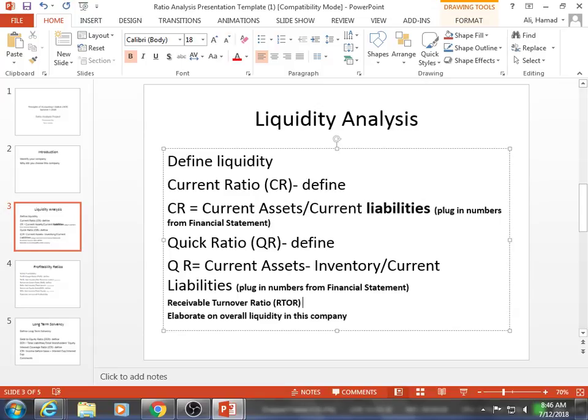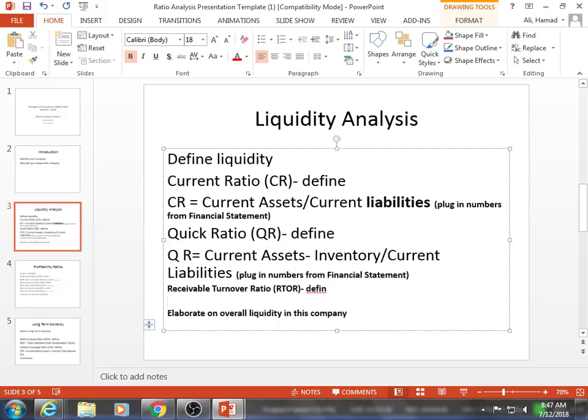First you define it. Receivable turnover ratio is equal to your net sales divided by your accounts receivable.